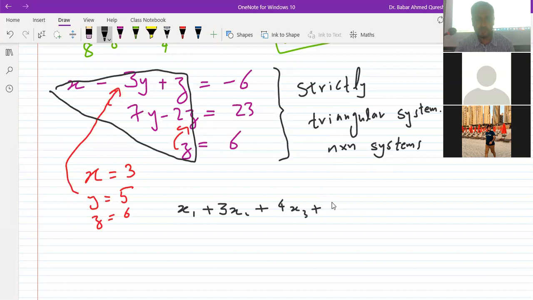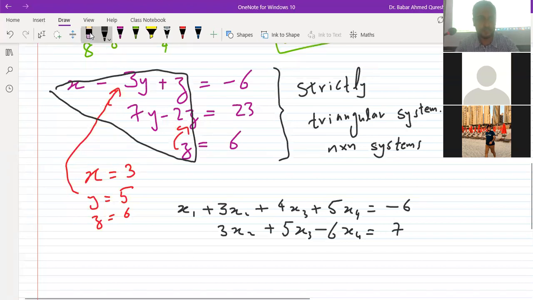And I'm just writing some relation. x2, x3 minus 6 x4 is equal to 7. Well, let me change it a little bit.